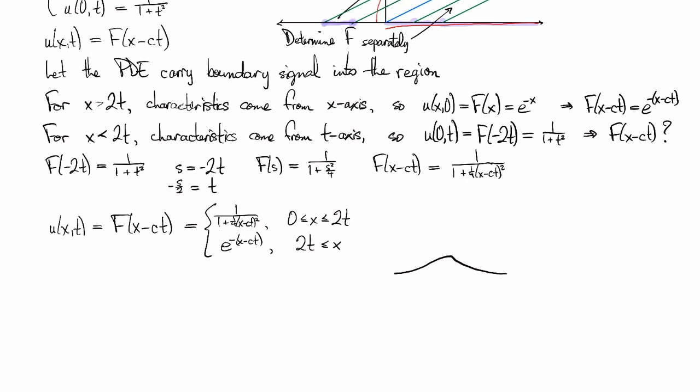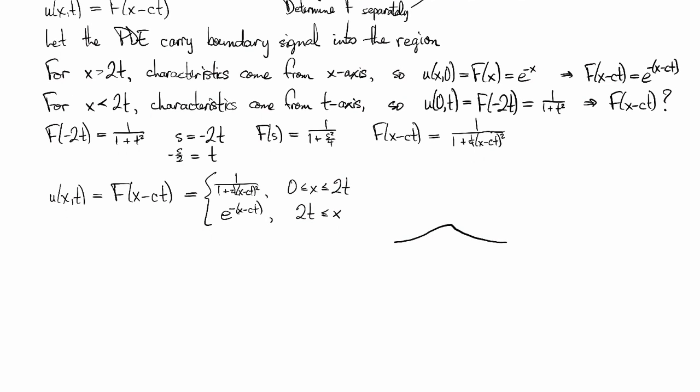And if we graph what this function looks like, it's got something that looks like a Cauchy distribution, which is more or less a flattened bell curve going along this part right here. And then it's got a decaying exponential on the other side, so that's this part of the curve right here. So it actually looks a little bit like a water wave.